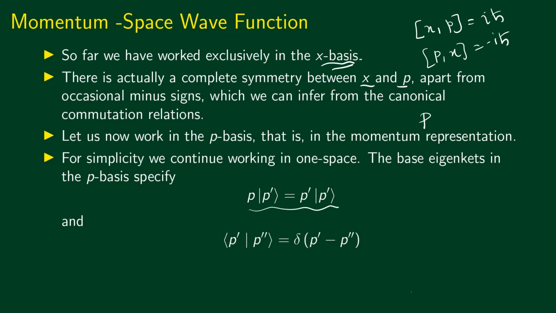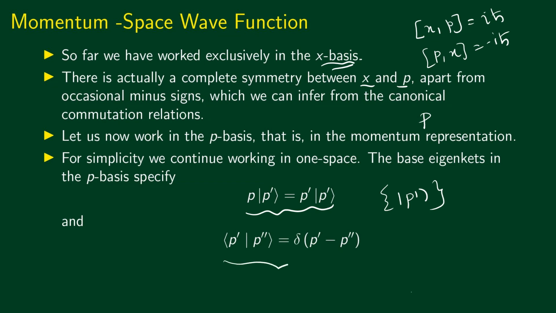In our notation, for operators we don't give a prime, and for eigenvalues we give a prime. That's the notation that we have been following. And we have the set of all eigenkets of the momentum operator. We can assume that this forms a complete orthonormal set.